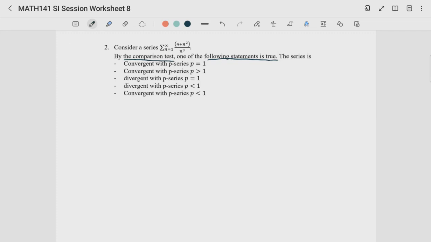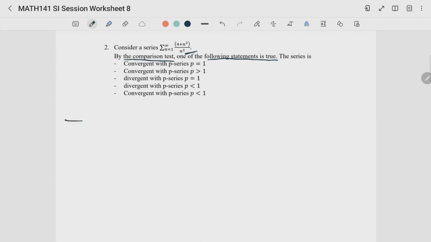With the comparison test, you have to find another series, and you just have to check the convergence of that series to confirm whether or not the series given to us here is converging, right?